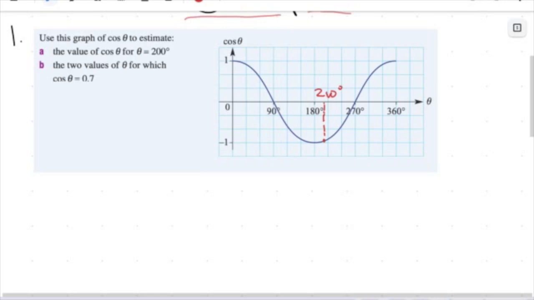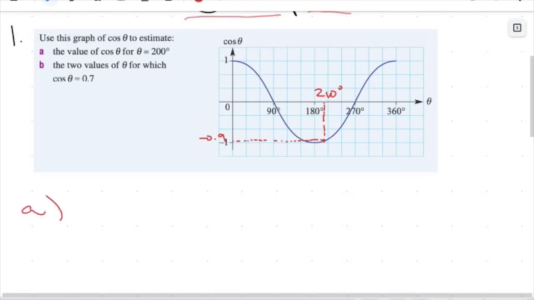So now that I've got that there, I can see it doesn't quite go down to -1 here. So I'm just going to draw a dotted line across just to see where that leads me. And I'm going to see that gets me very close to that. So I'm going to say that this is going to be approximately -0.9. Because remember here, we're just approximating these.